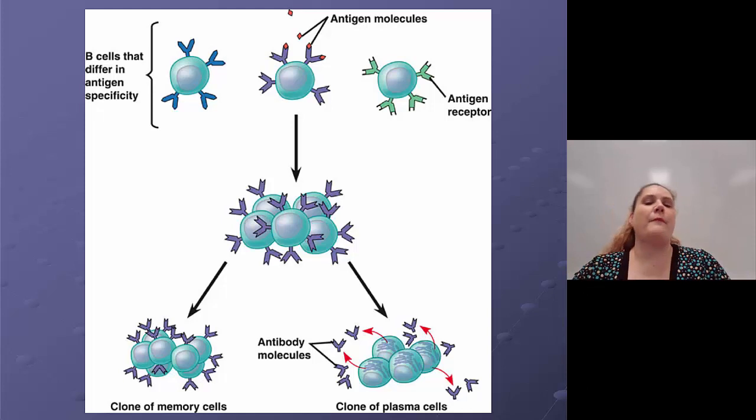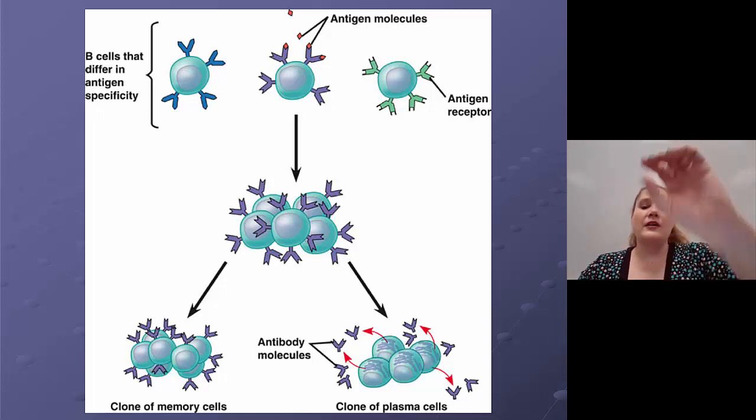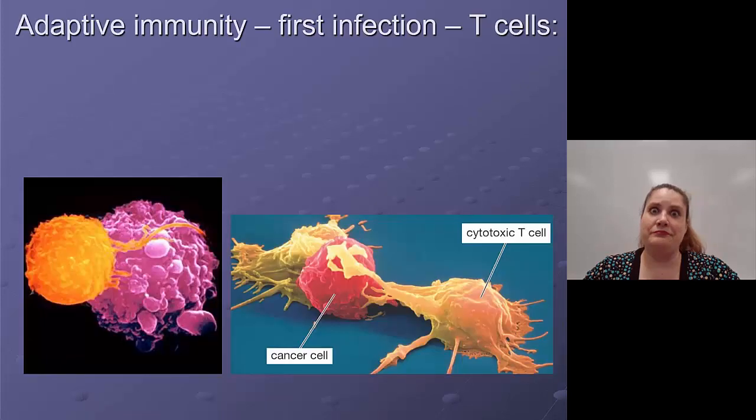Every naive B cell is different, but that middle one worked. And as soon as the antigen molecules bound, then bam, differentiation. So differentiation off into memory cells and then off into plasma B cells. And then those plasma B cells are able to shoot the antibodies out, pew, pew, pew, toward the antigens in the body.